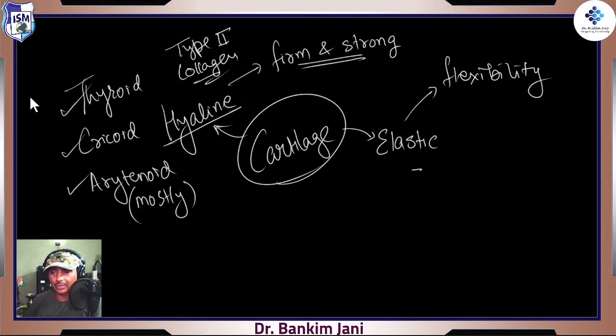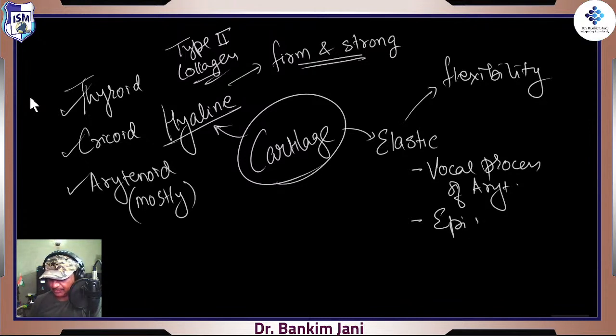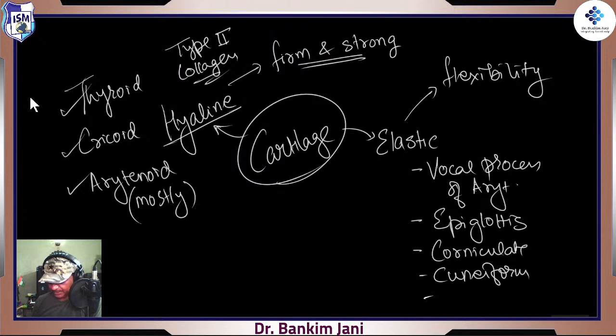Immediately the vocal process of the arytenoid said, me. So that is flexible. Otherwise the rest: epiglottis, we said it is highly flexible. All these small cartilages, the corniculate, cuneiform and triticeal, they are all elastic, because they are flexible.